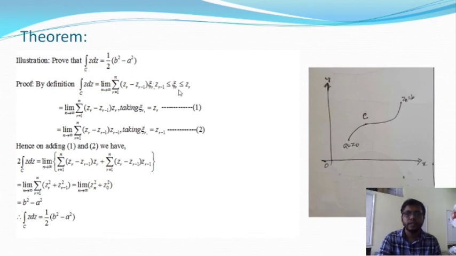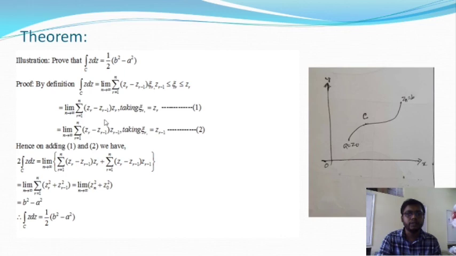So either xi_r is equal to z_r or xi_r is equal to z_{r-1}. Now I will take xi_r equal to z_r at first. So this integration will be changed. Therefore the integration over C of z dz is equal to the limit as n tends to infinity of summation r equal to 1 to n of (z_r minus z_{r-1}) into z_r. So here xi_r is equal to z_r.